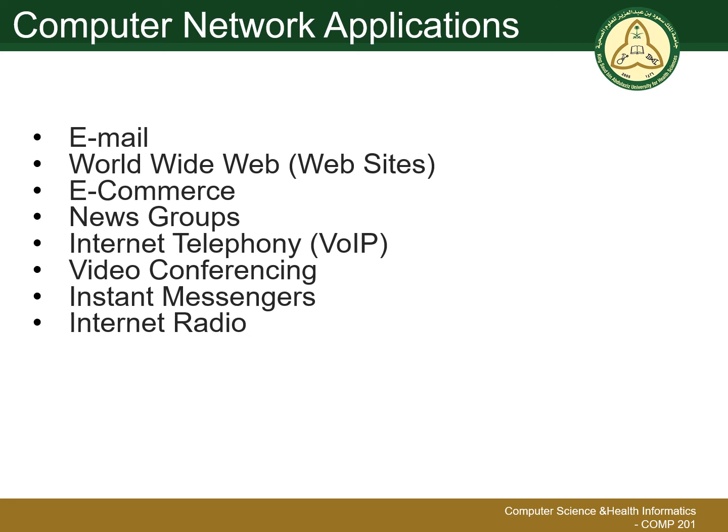I can do newsgroups, internet telephony using voice over IP applications to make phone calls, video conferencing, sending and receiving instant messages, and internet radio. Those are the main applications. Definitely there are more applications, but those are the very common ones that you might see.